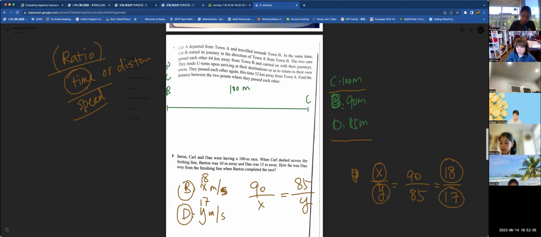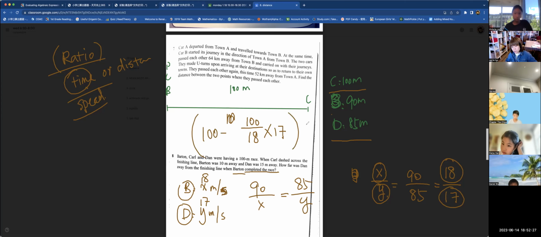So now, how far was Dan away from the finishing line when Barton finished? When Barton finished, that means Barton has finished the whole 100 meters, right? So it's 100 divided by 18, correct, everybody? This is how much time Barton takes to finish. Then times 17, and use 100 minus it.